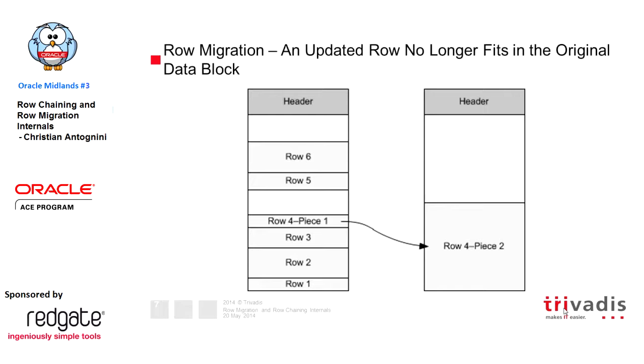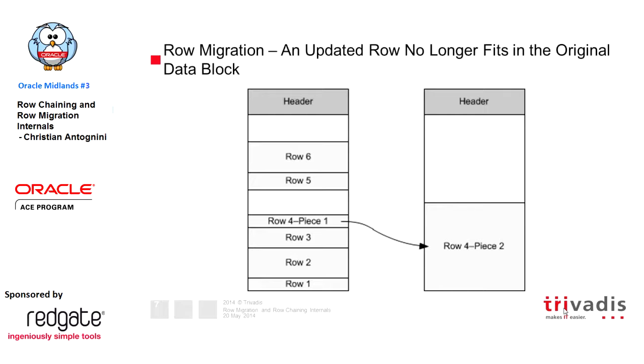After the update it needs so much space that there is not enough space to store it inside the block. What they do is split the row in two, and they call these parts pieces. So this is piece 1 and piece 2, and part of the information is stored here and part is stored here.